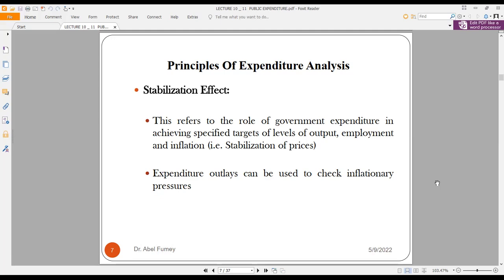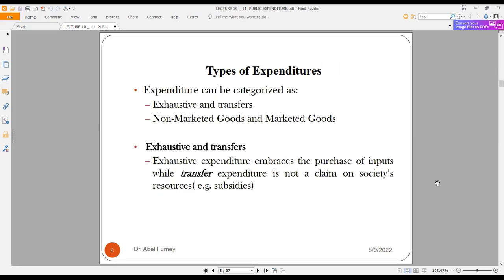When we have persistent inflation, prices are continuously moving up. How do we use government expenditure to actually curb that? So we take the stabilization effect as how government expenditure affects these economic variables. All right, so those are the principles of government expenditure analysis.